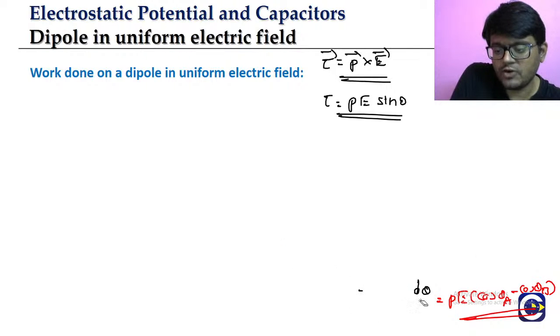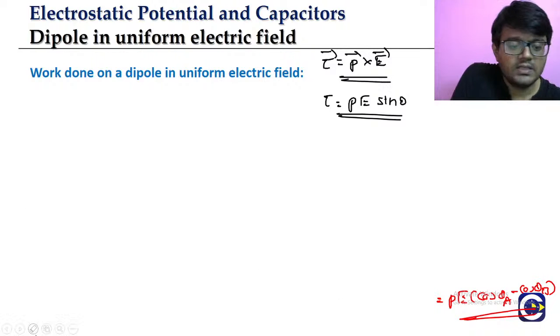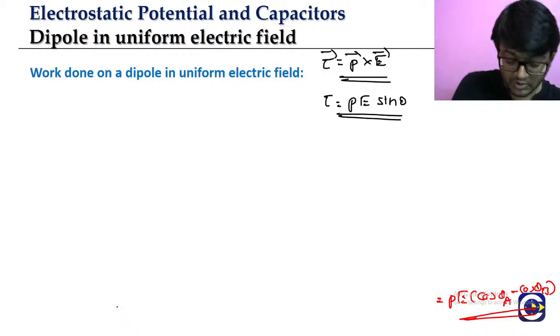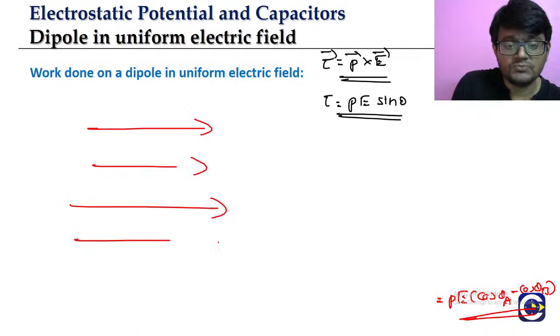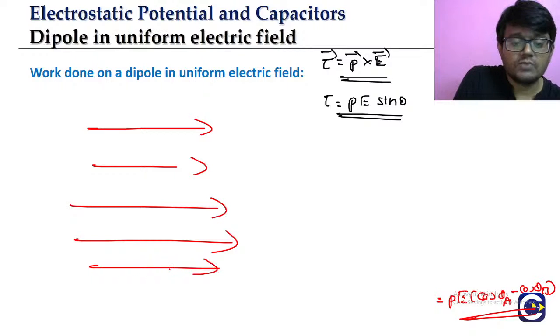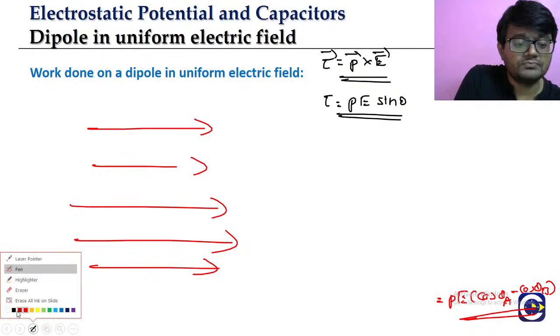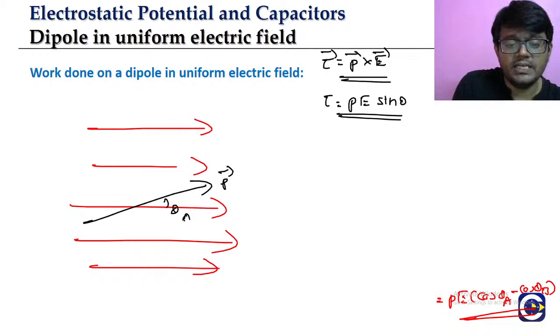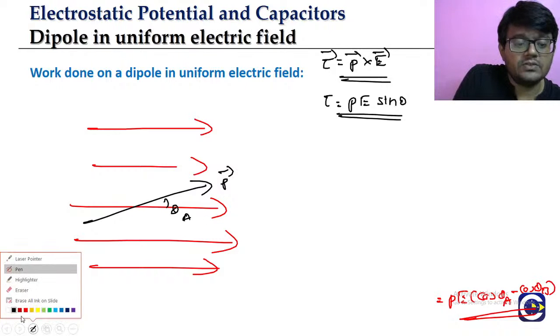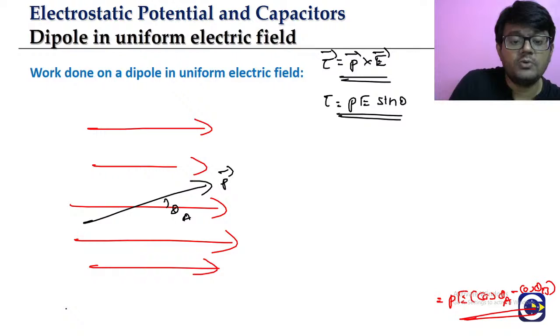For the final formula, we place a dipole in a uniform electric field and rotate it slowly from the initial orientation so that the dipole is not gaining any kinetic energy.